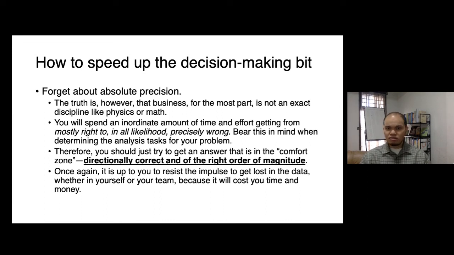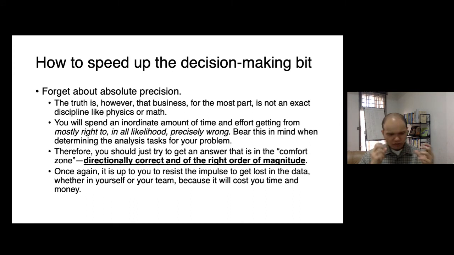The truth is, business is not an exact discipline like physics or math. It's not rocket science. And you will spend an inordinate amount of time and effort getting from mostly right to precisely wrong. I mean, that's a funny statement, right? When you're mostly right, you're in that zone, you're on stable ground.